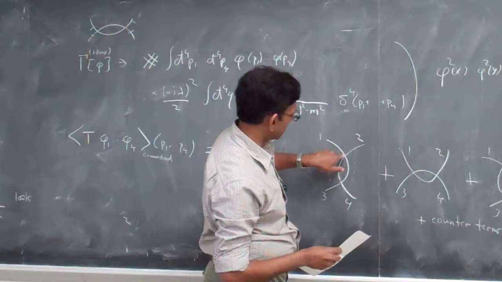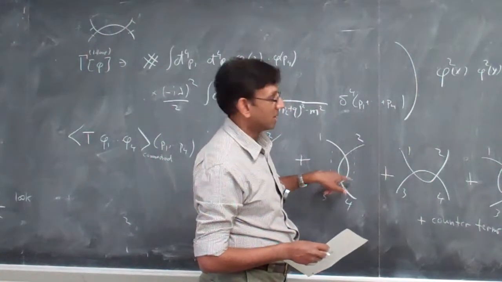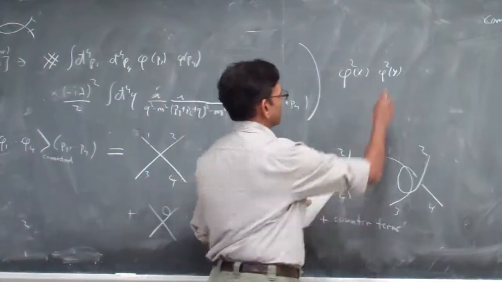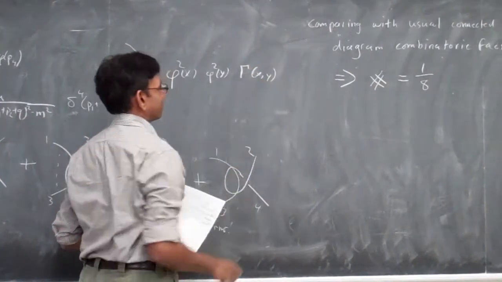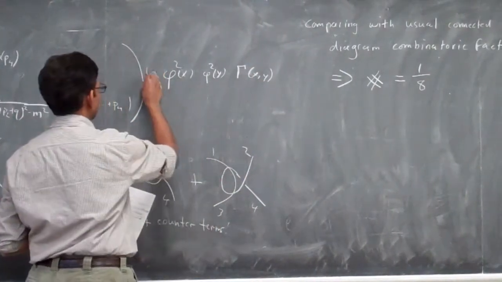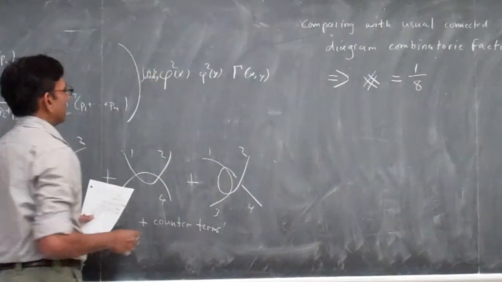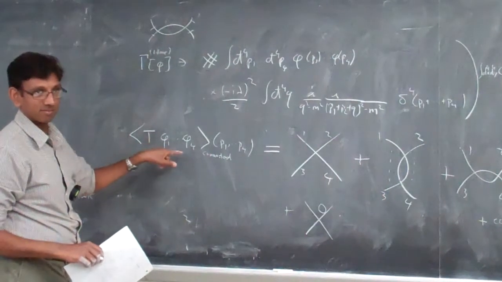Two phi's meet at the same space-time point, and the other two phi's meet at the same space-time point. If you think of this as a kind of effective vertex with some coefficient gamma of x comma y, right? Integral d^4x, d^4y.